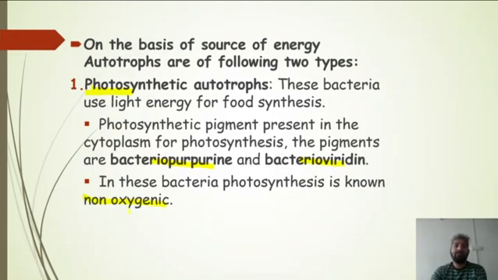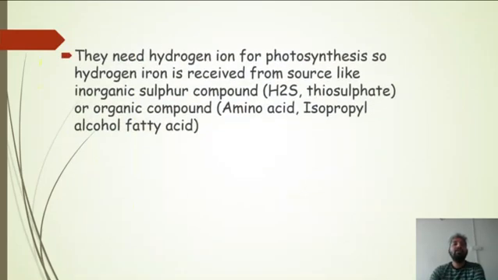The sulfurous compounds provide hydrogen ions, and there is a release of sulfur instead of oxygen, that is non-oxygenic type. Understood? Now they need hydrogen ions for photosynthesis. The hydrogen ion is received from a source like inorganic sulfur compounds like H2S, thiosulfate, or organic compounds like amino acids, isopropyl alcohol, fatty acids.